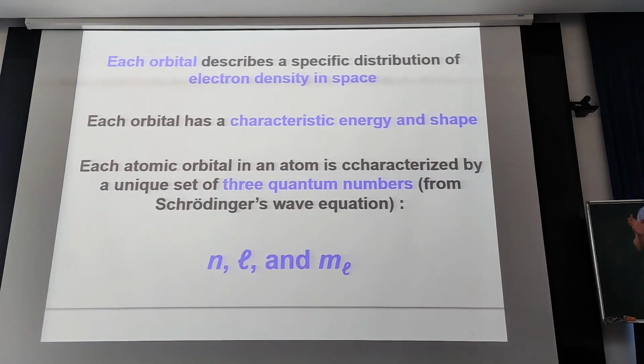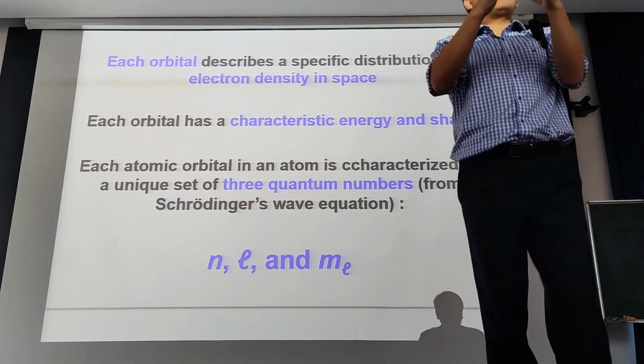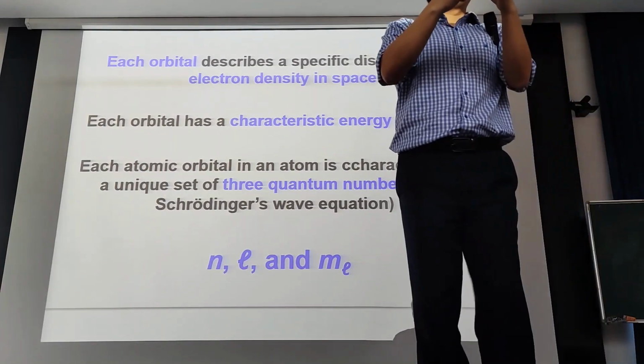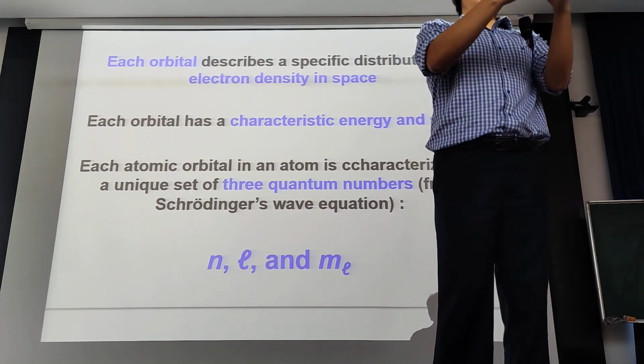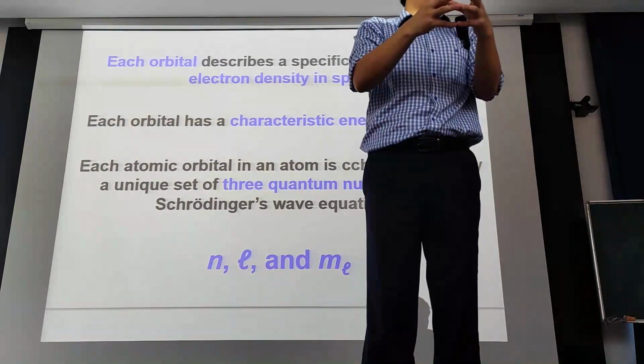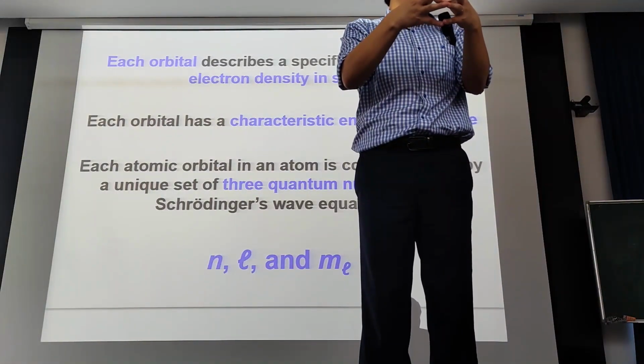So that's the concept of orbital. So an orbital basically describes the space around the nuclei where you find electron. You will need to describe this orbital by first the size of the orbital, right? Whether the space you find it in is small or big.